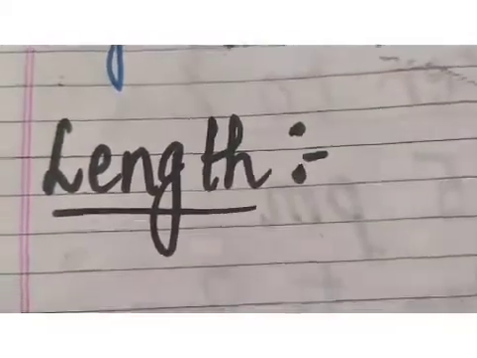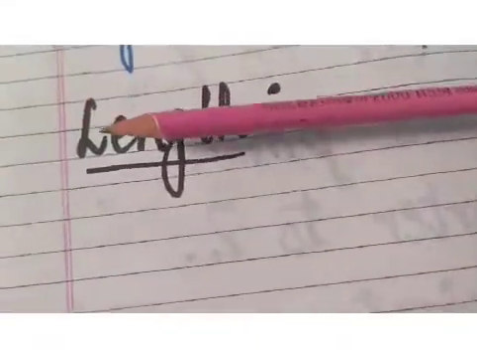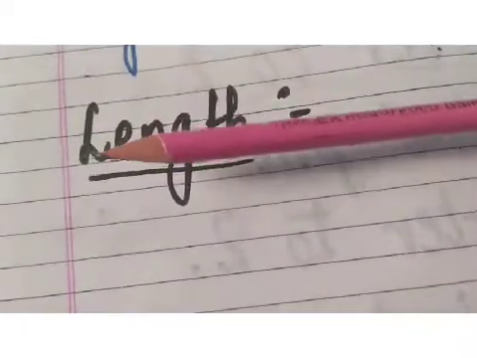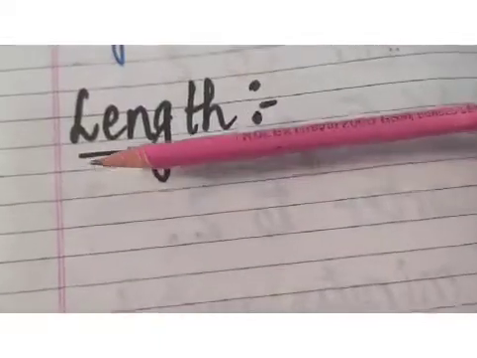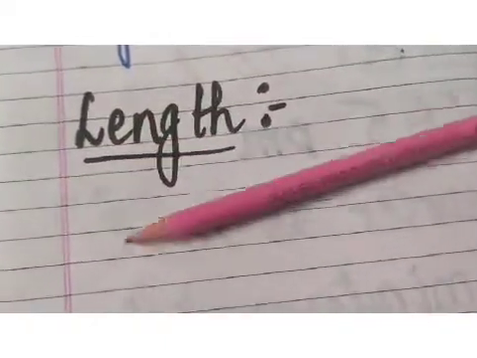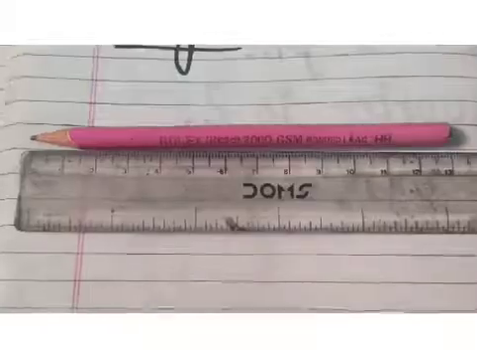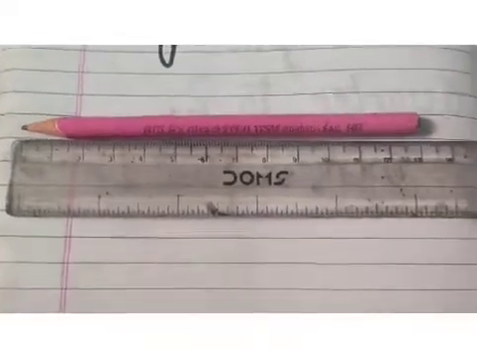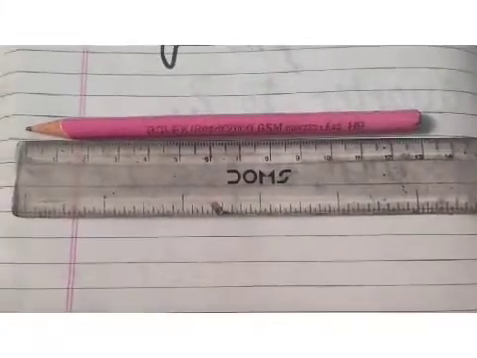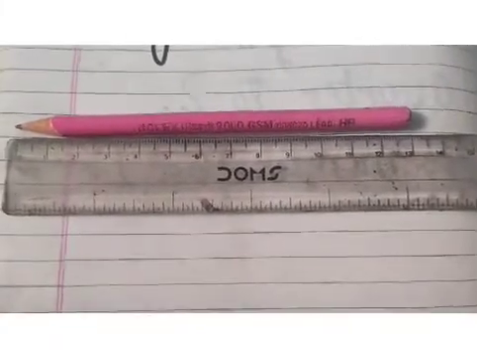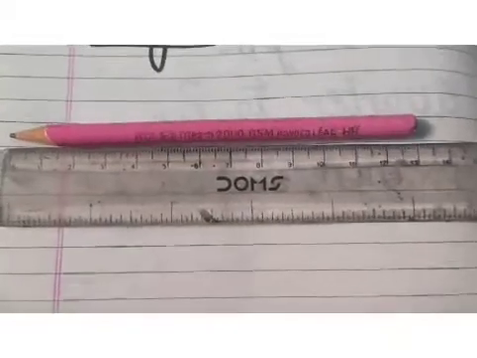So, this is a pencil. Suppose I want to measure the length of this pencil and I say this is 5. No, we have to add a unit to it. So, I'll say 5 centimeter. The standard unit of measuring small length is centimeter, and it is measured with the help of a scale.